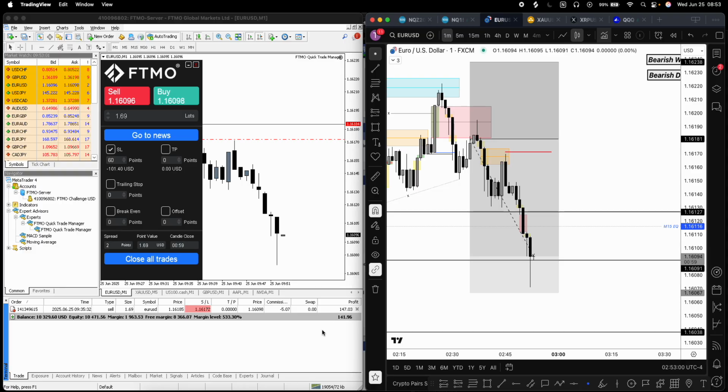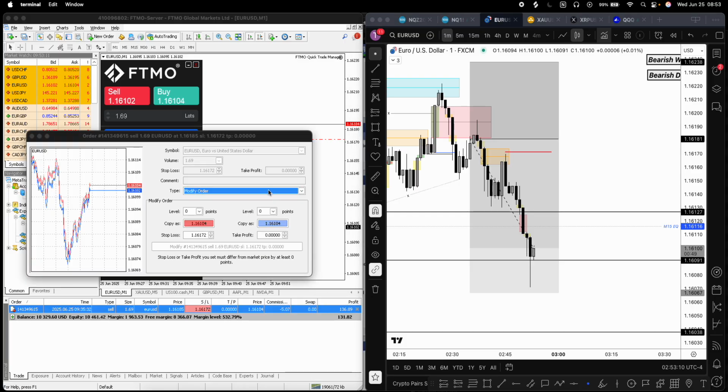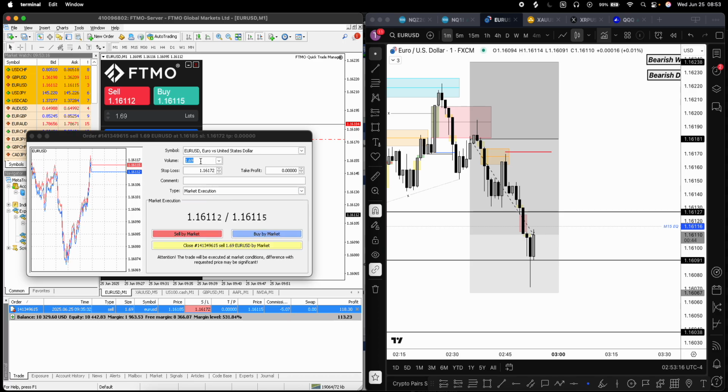Okay, that's not great that it broke there and closed above. Some rejection. So that's not great. So maybe we take a partial. I think I've taken half the position off.